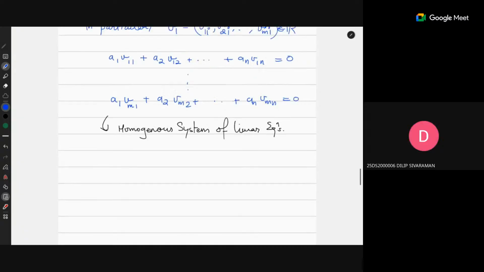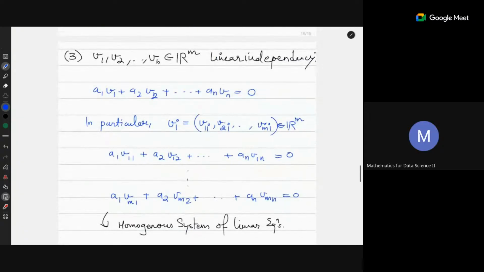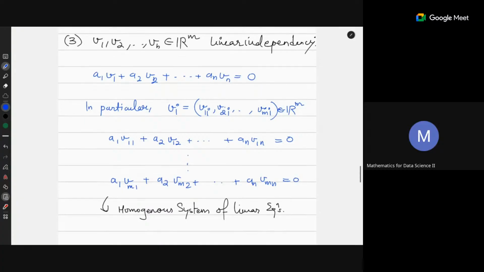So similarly, when you have vectors in Rm, how many equations do you expect to get? m, right? It is the same generalization, nothing much. So you get a homogeneous system of equations with n variables but m equations. Why n variables? Because there were n vectors. Why m equations?